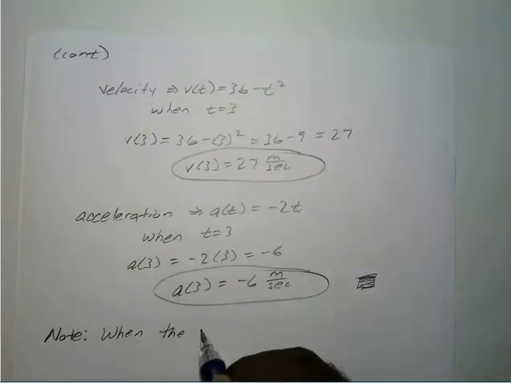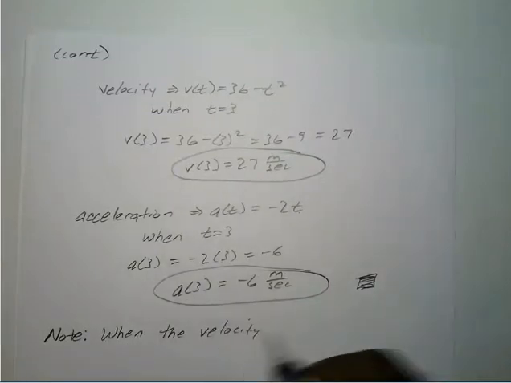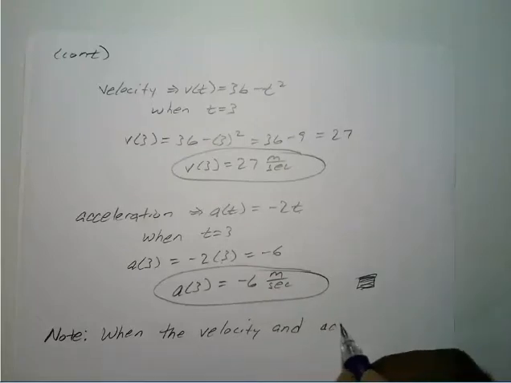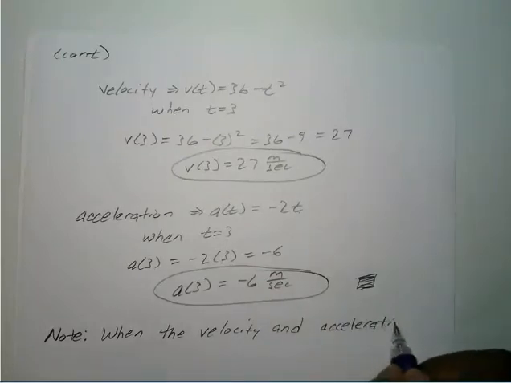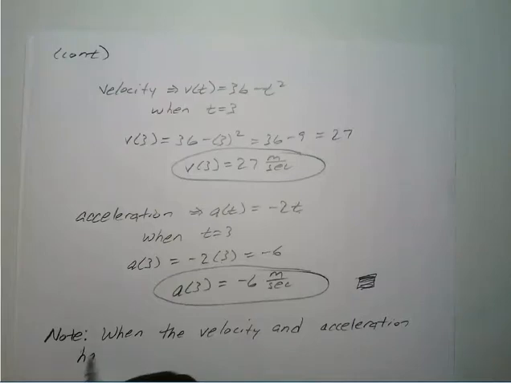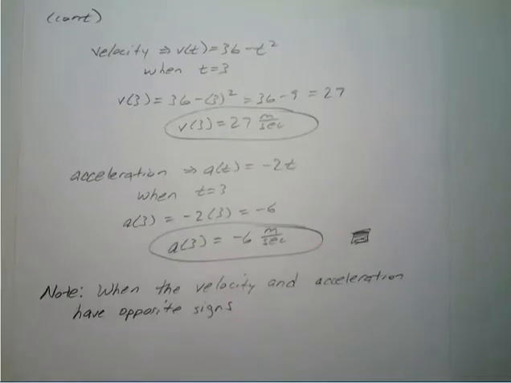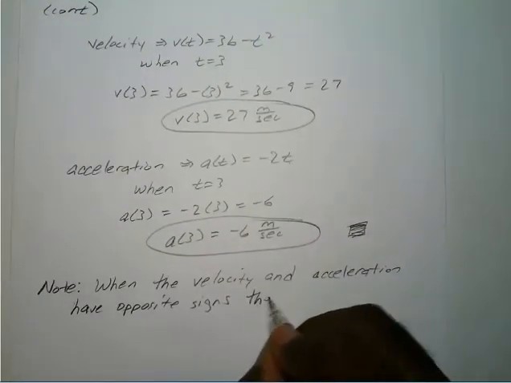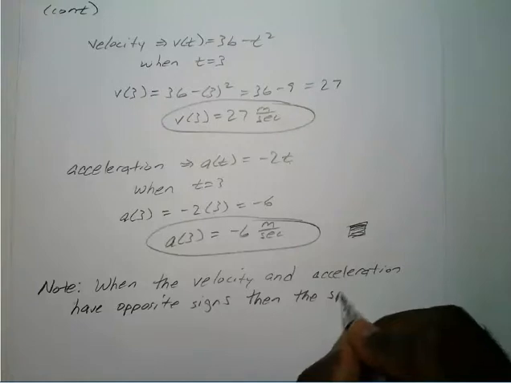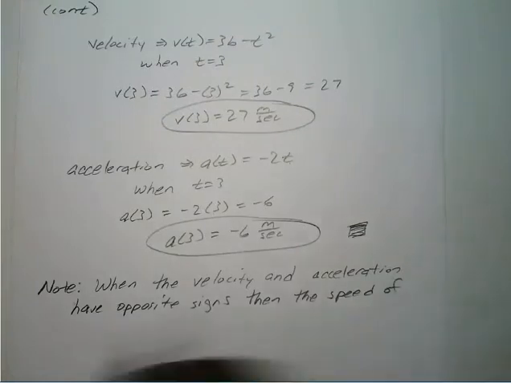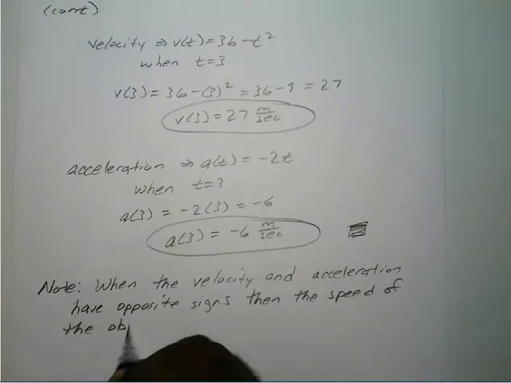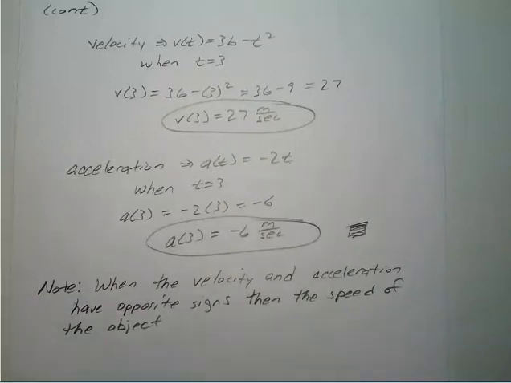When the velocity and acceleration have opposite signs, okay, now in this case your velocity is positive, your acceleration is negative, then the speed of the object is either increasing or decreasing.